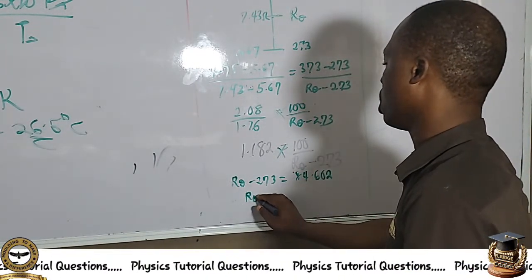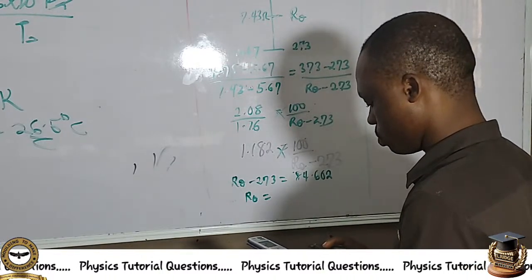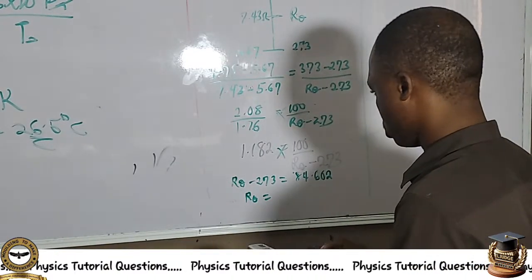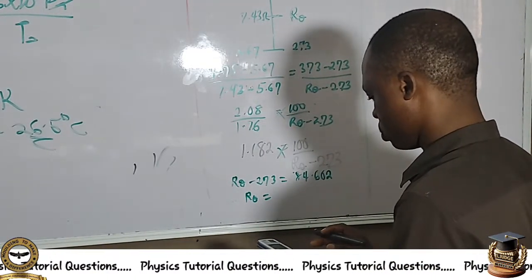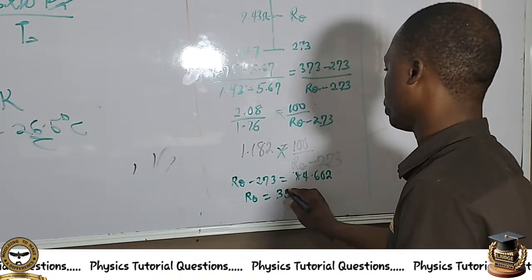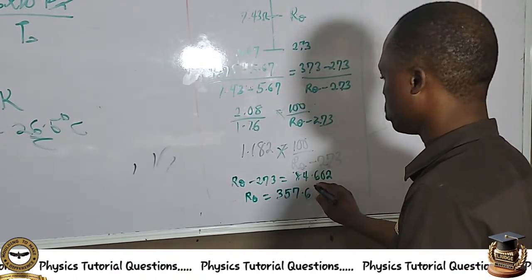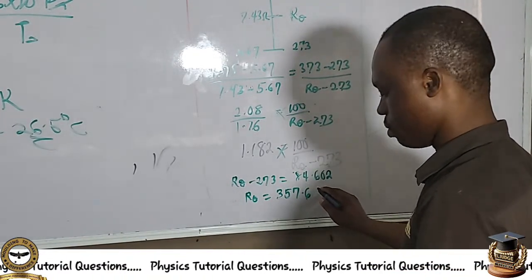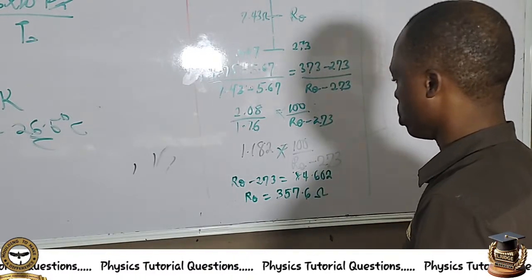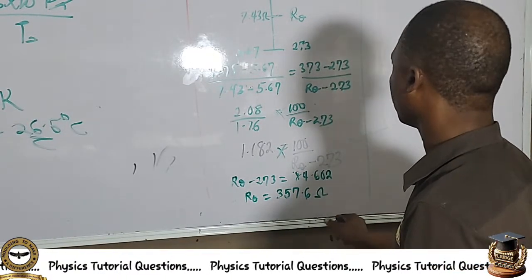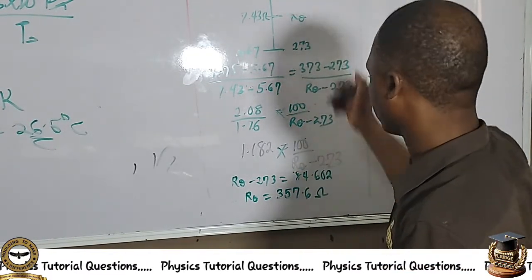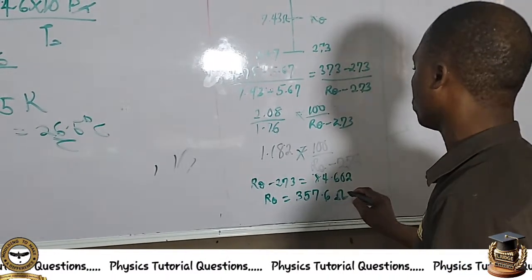So R theta equals this plus 273. That gives us 357.6 ohms. So this R theta is 357.6 ohms.